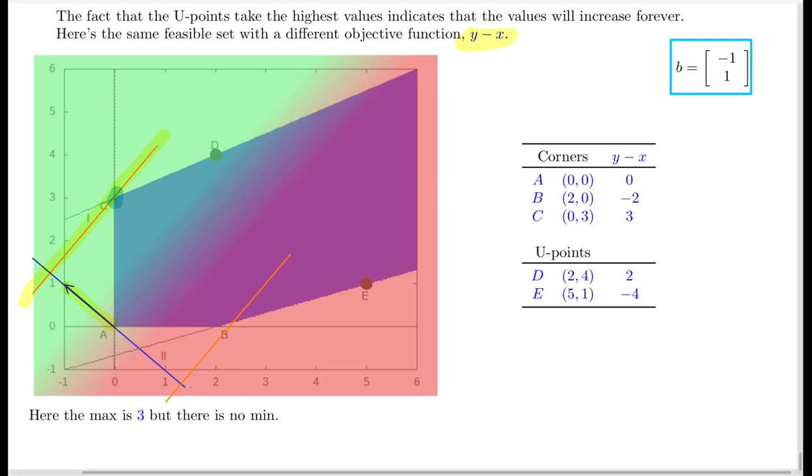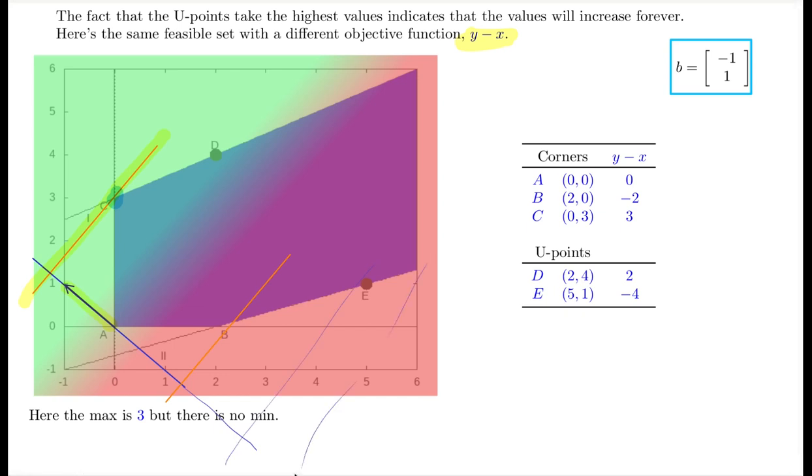You can keep going as far as you want in the opposite direction, and there will still be points in the feasible set that line up with it. So this is a case where there is no minimum, but there is a maximum.